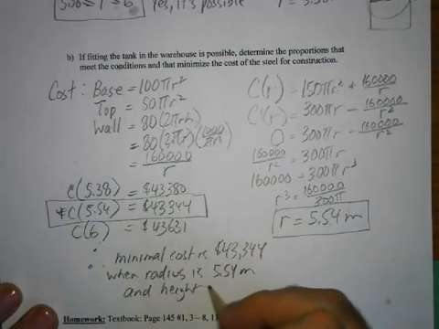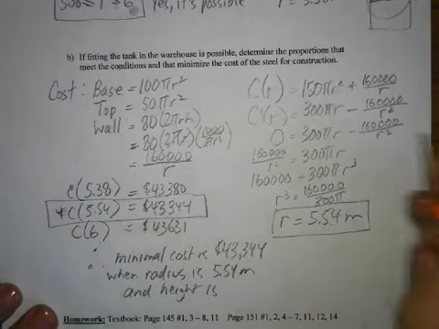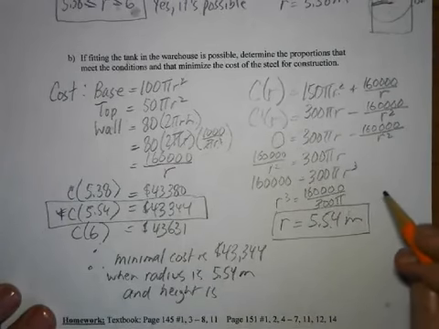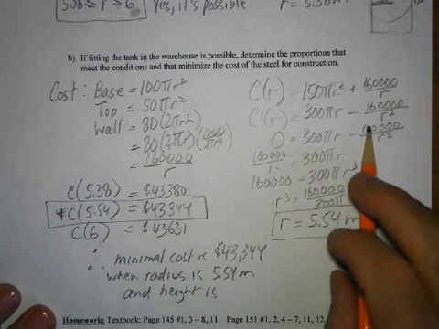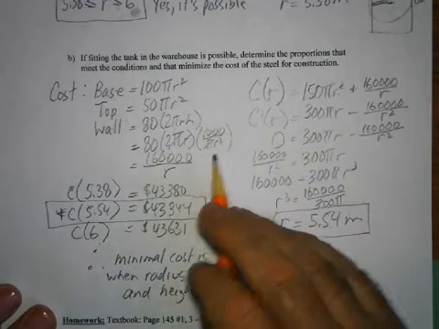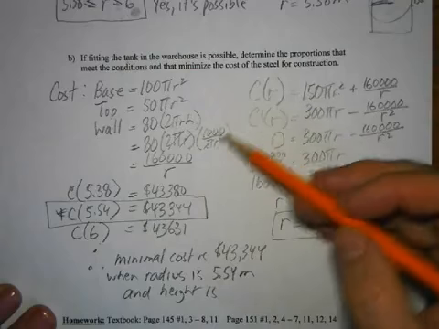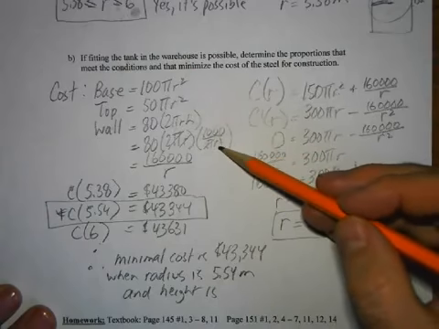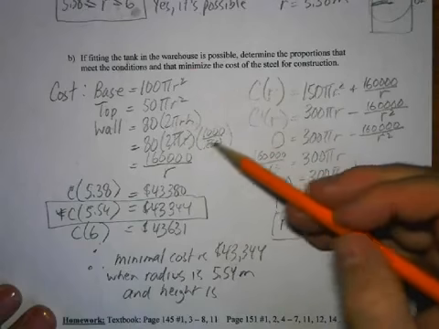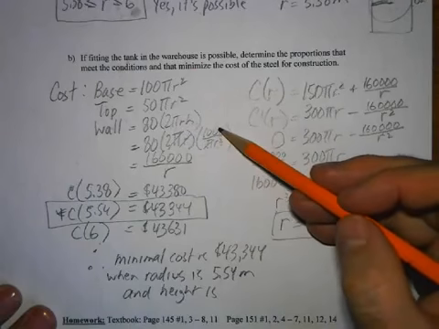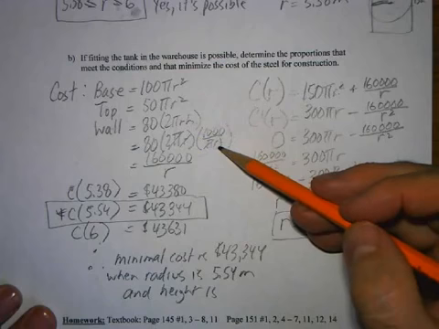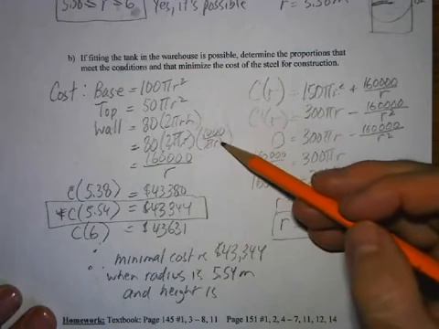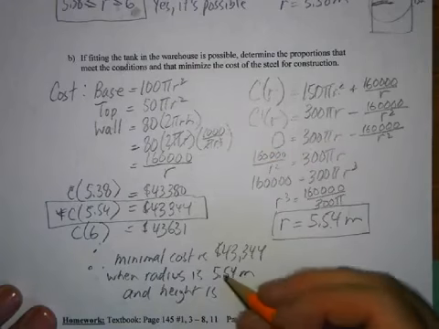Now, to get the height, where was that value here? Yeah, so to get the height, we'd use this expression here. We'd plug in our R value of 5.54, so it's 1,000 divided by pi times 5.54 squared, and that gives us a value of 10.37 meters.